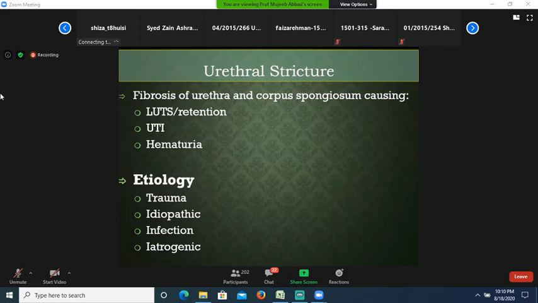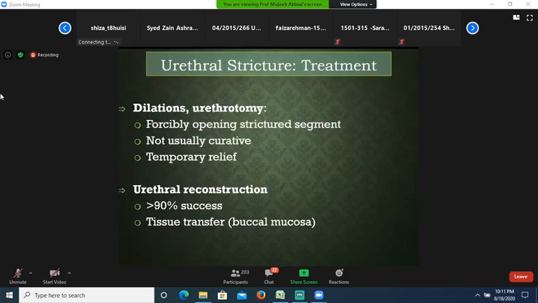Nobody knows. Infection, yes, and iatrogenic. So these were the etiology for urethral strictures. One of the causes of our today's topic, hematuria. Now, treatment: dilatation, as we discussed earlier, then urethrotomy, forcibly opening the stricture segment, not usually curative, temporary relief.